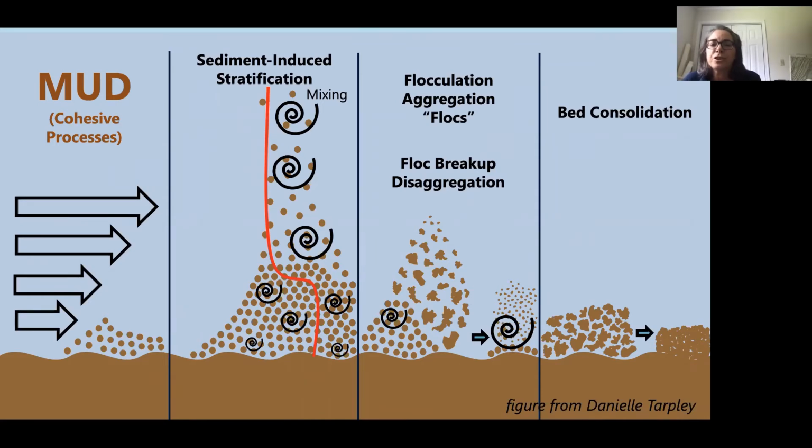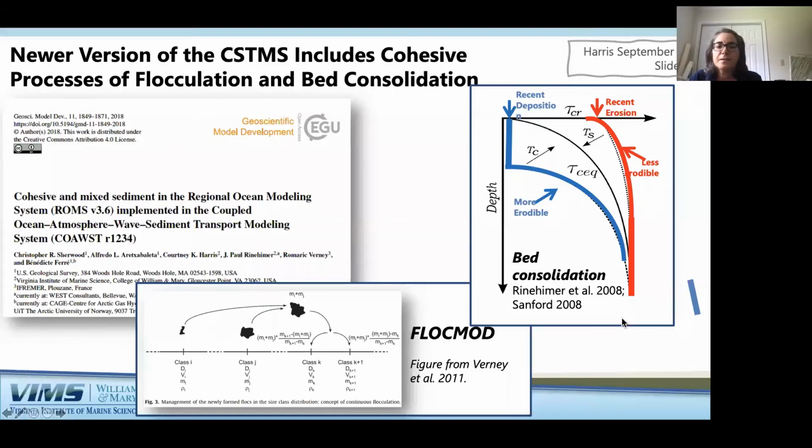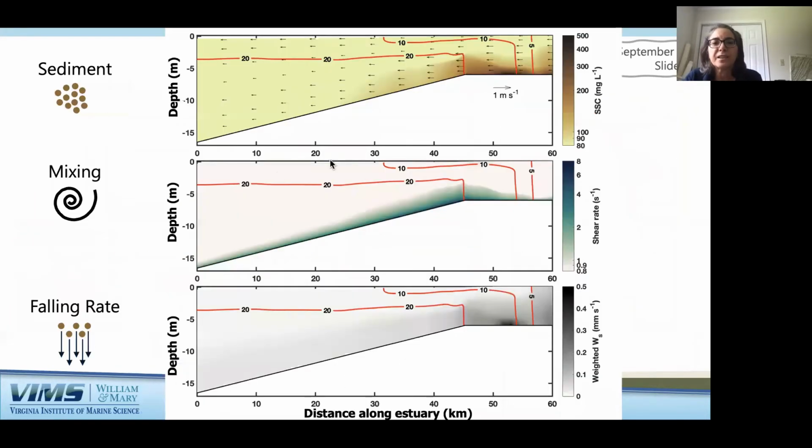And within that version of the model, we do account for active flocculation processes and bed consolidation. So here's the citation for the paper that describes the cohesive model. So most of the time, if you see ROMS sediment transport models in the literature, they're going to be using the non-cohesive, but this cohesive model is now available for use in muddy environments.